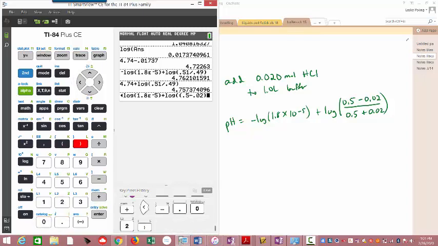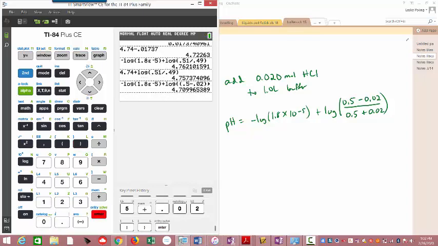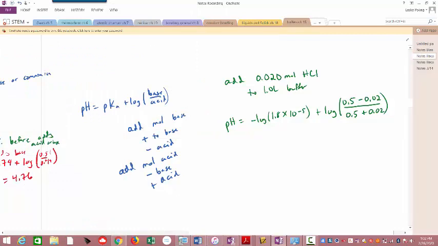Okay. Divided by another parentheses, 0.5 plus 0.02 and another parentheses. And so now our pH is 4.71.